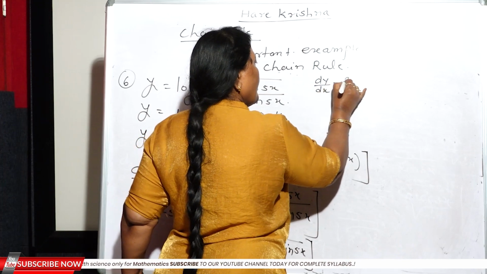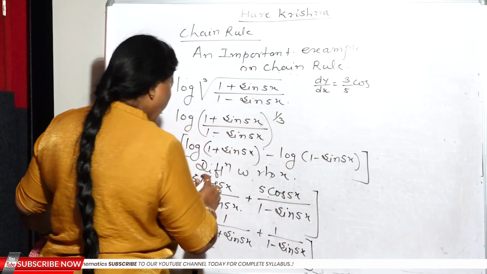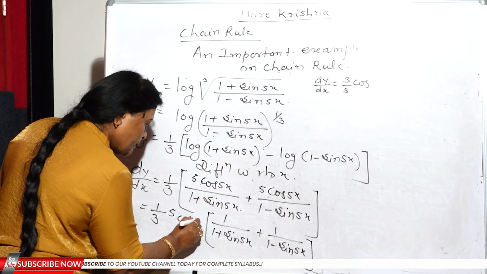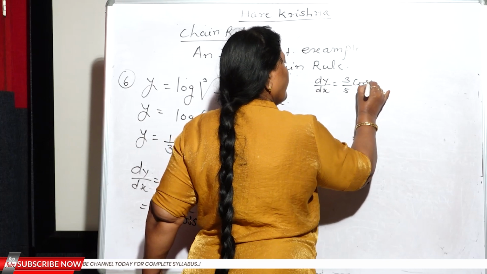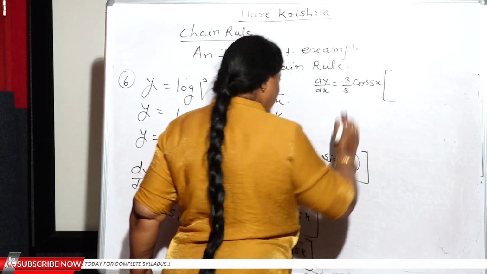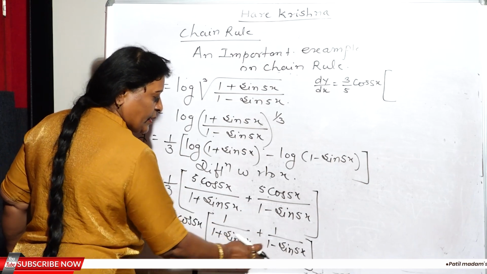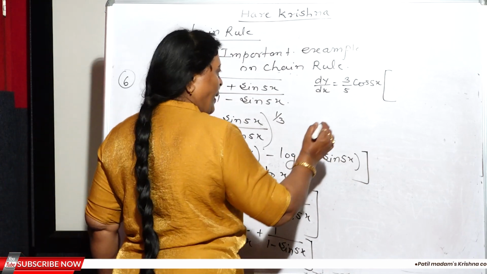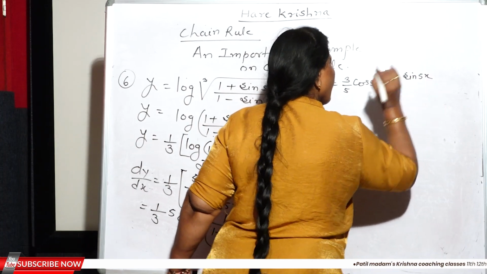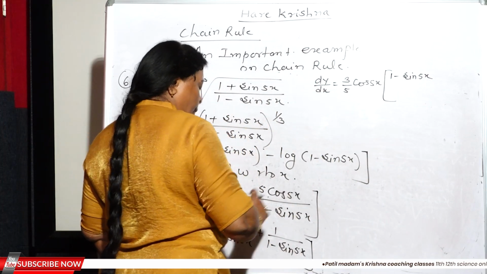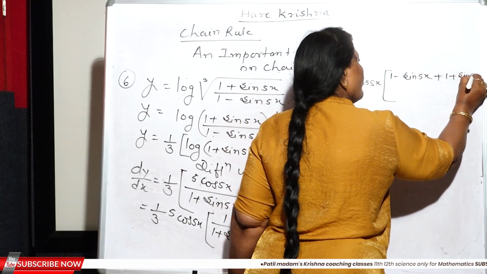It is equal to 3 by 5 cos 5x, you can take common, and here again simple cross multiplication, this into this, this into this. Again 1 into 1 minus sin 5x means 1 minus sin 5x, right? Again 1 into 1 plus sin 5x, 1 plus sin 5x.